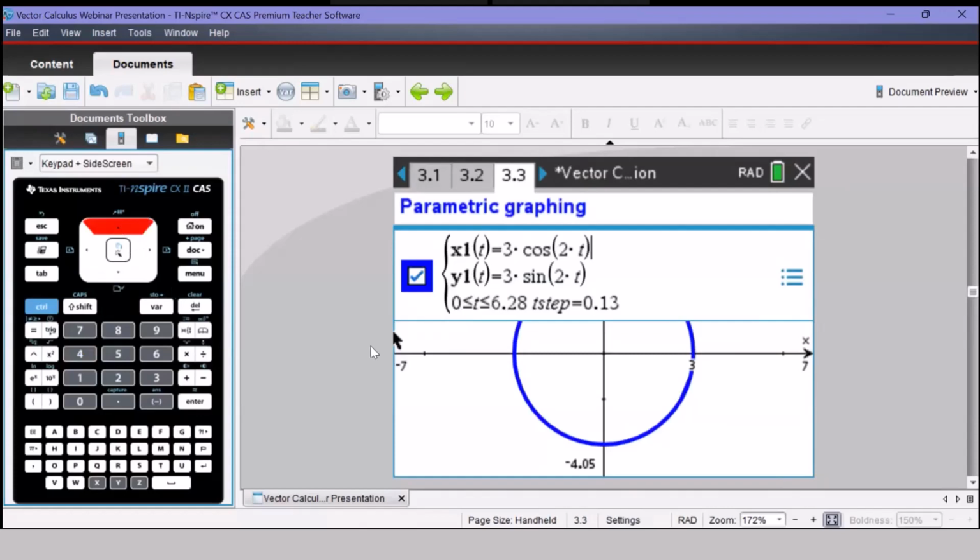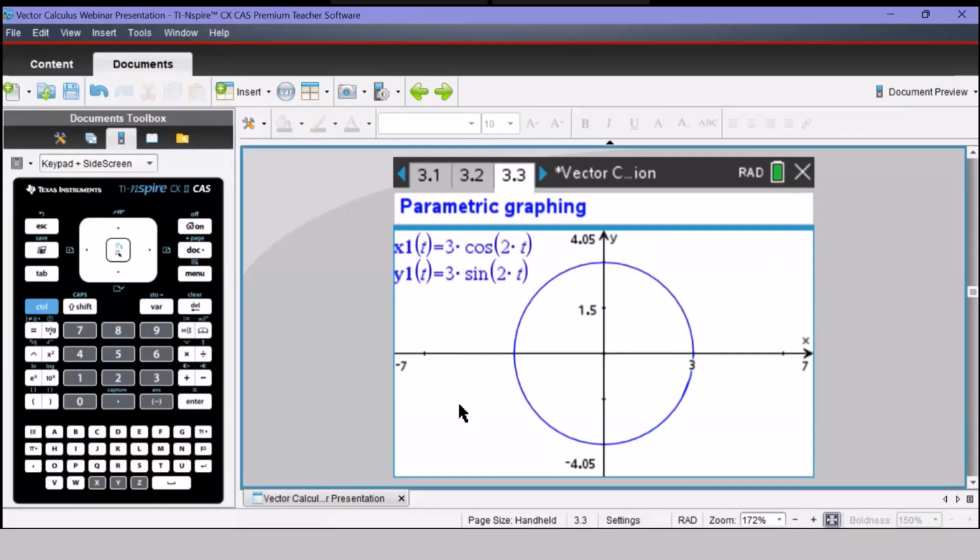I've also stated that t lies between 0 and 2 pi, and there's our t step, which ends up being a small multiple of pi. Then we graph that, and we can see quite clearly that it's a circular path.